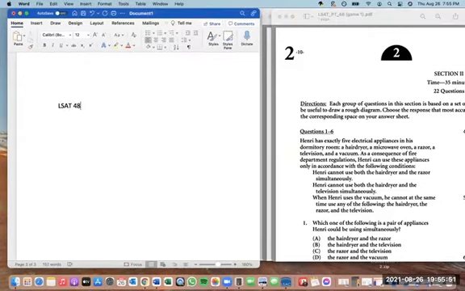Can't use both the hairdryer and the television. Okay. If hairdryer, then no TV. If TV, then no hairdryer. Looks like he's got quite a powerful hairdryer, one that seems to require a lot of juice. When Henry uses the vacuum, he can't at the same time use any of the following. Okay, so the vacuum is even more problematic.